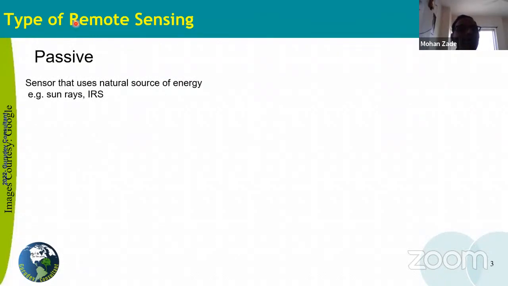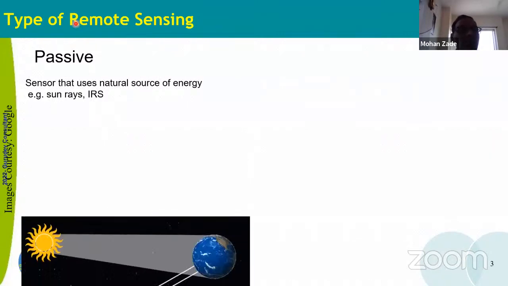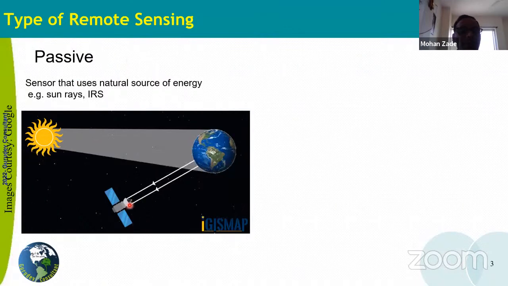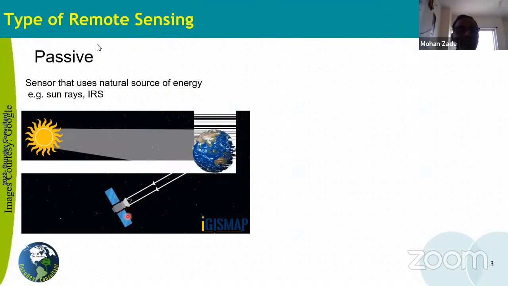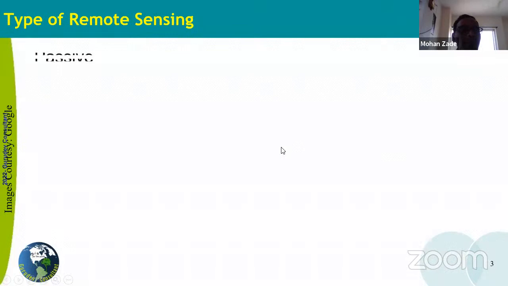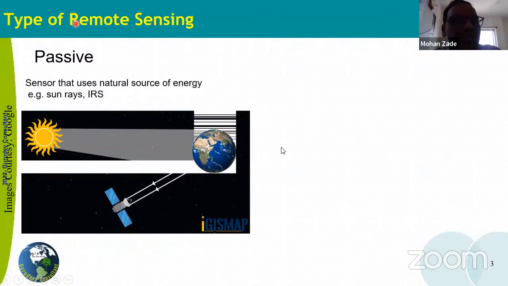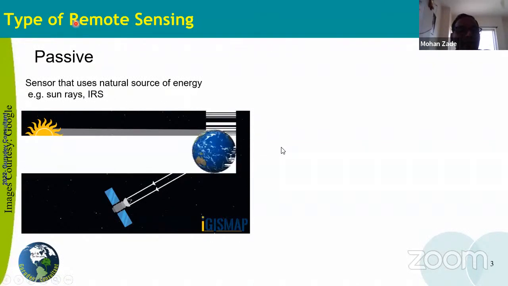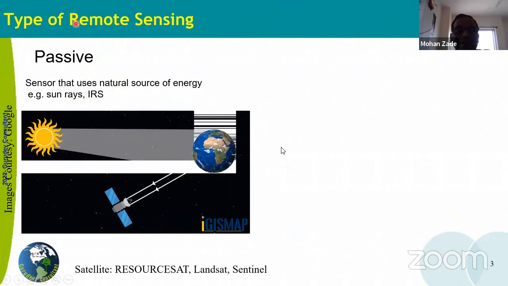Now there are two types of remote sensing satellites. One is called passive. Passive satellites use solar radiation, which is reflected back and acquired by the satellite.